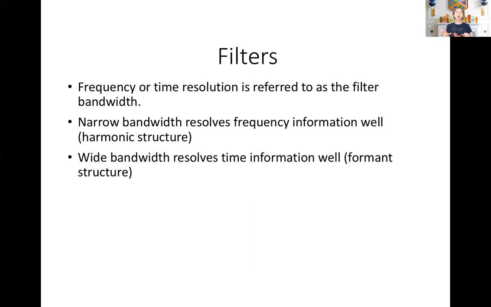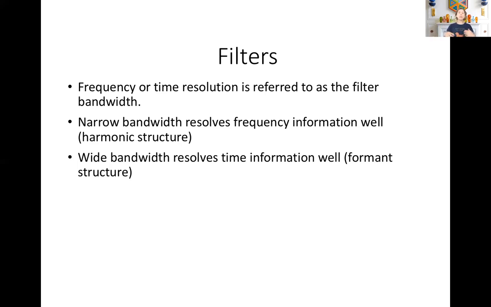Okay. And so time is the inverse of frequency. And so a spectrogram can then present detailed information about the harmonic structure of the source signal, or precise information about the resonant characteristics of our vocal tract. Both cannot be displayed at the same time because time and frequency are inversely related. The detail to which frequency or time information is displayed is referred to as the frequency or time resolution.